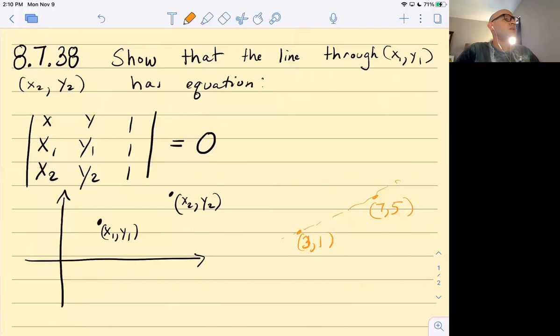So what's the first thing you would do? This is a good review of the equation of a line stuff that we did in the beginning of the course. Anyone remember? What could we calculate here?